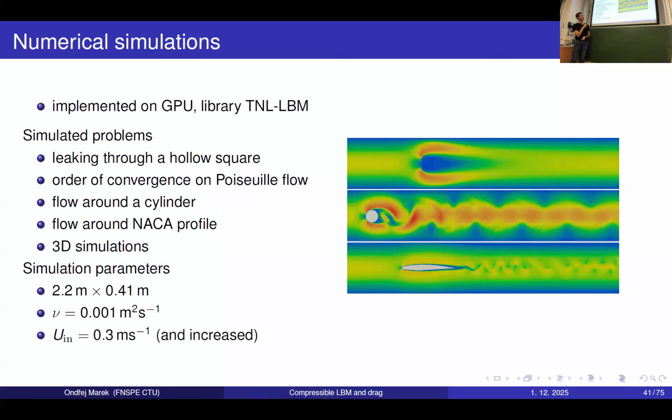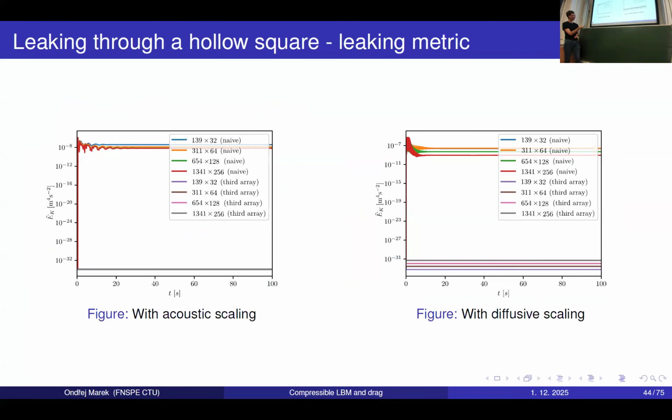So the numerical simulations, I was trying to keep them all in the same setup. Here the dimensions are 2.3 meters and 0.41. That's because I was comparing the results with the cylinder in the article by Schäfer-Turek, and these are the exact specifications for the domain.